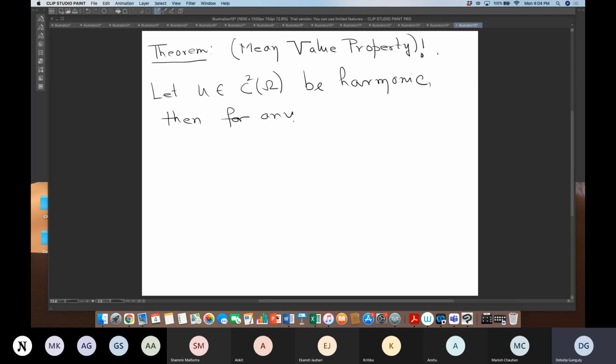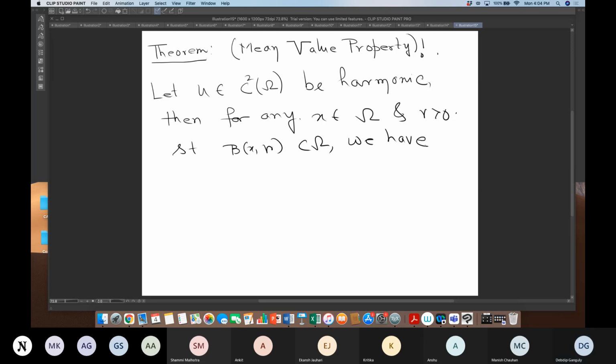so beautiful properties. Let's see. For x belonging to omega and for any r positive such that the ball B(x,r) is contained in omega, we have 1 over the measure of B(x,r), integral over the domain B(x,r) of u(y) dy.